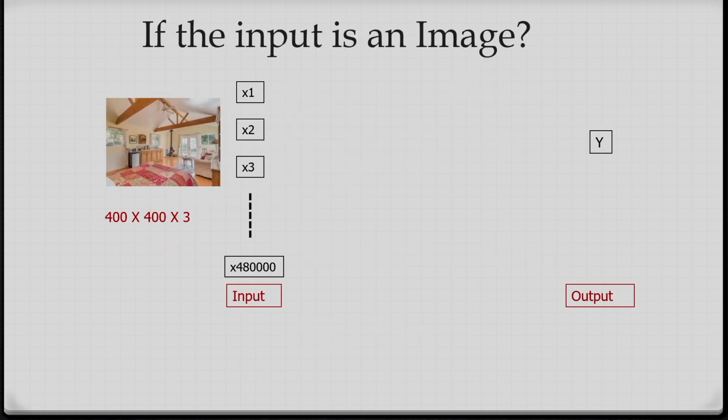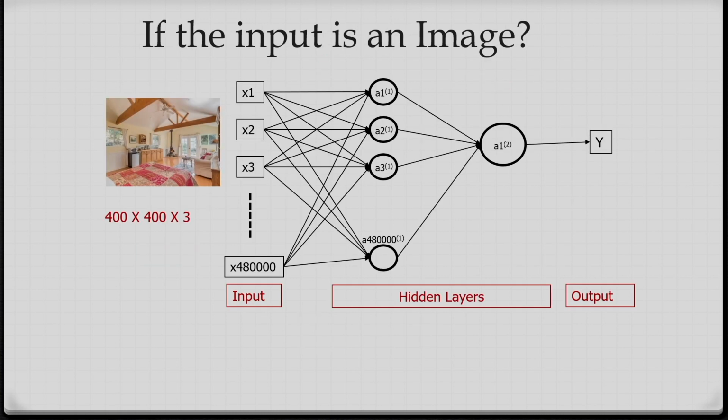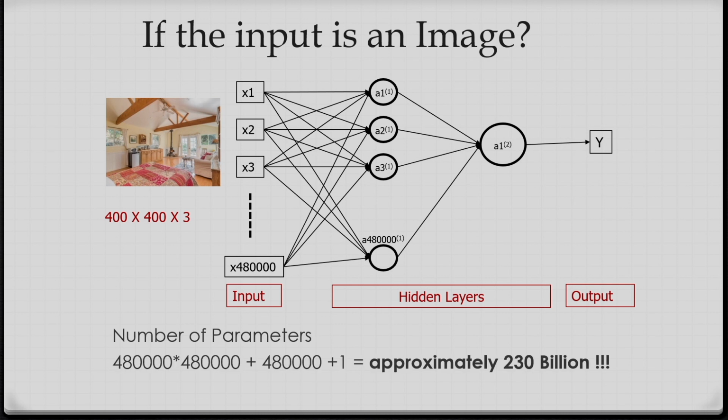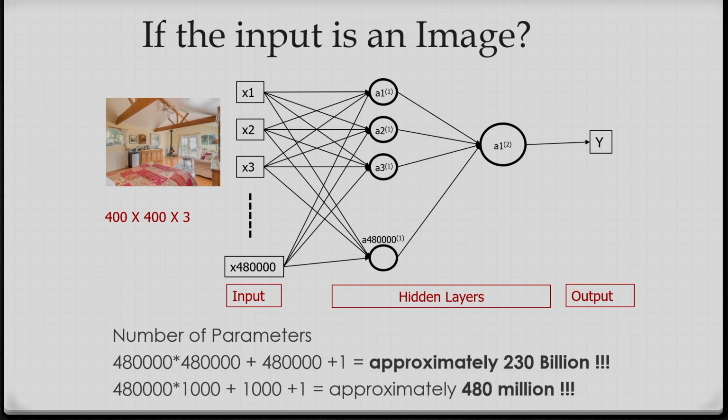And suppose I consider one input image whose dimension is 400 into 400 into 3, where 3 means I am considering an RGB image. Corresponding to this, let us see the number of parameters.